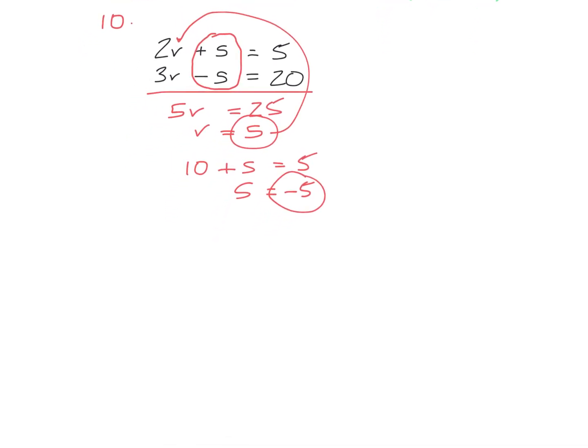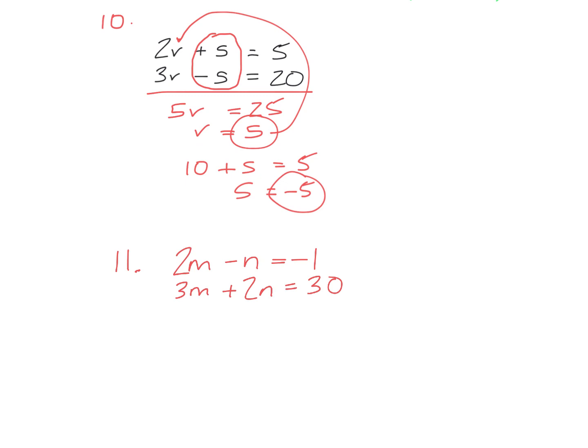Okay, looking at number 11. I've got 2m minus n is a negative 1. 3m plus 2n is 30. Now, in this particular case, if you just add them directly like we just did, nothing will eliminate.